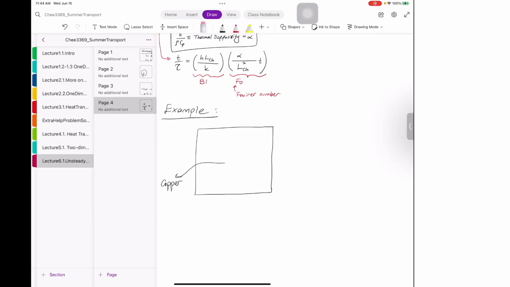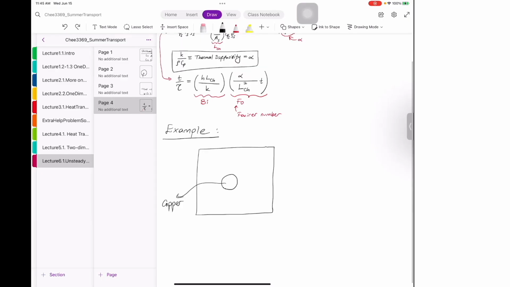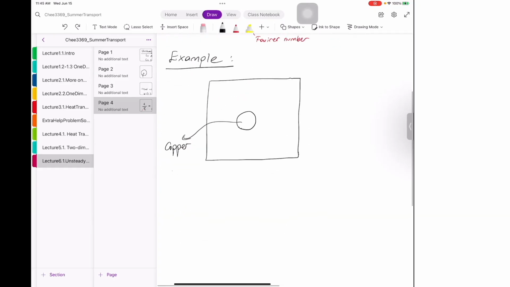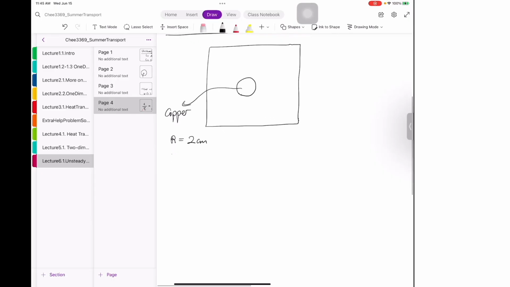It has a radius of 2 centimeters, okay? And its conductivity is, let's Google it. Anybody, you can find the conductivity of copper.